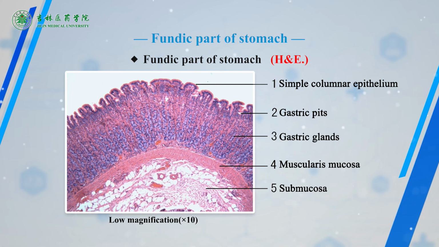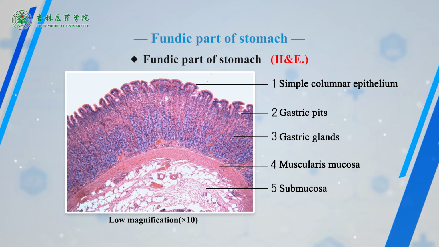Next to the epithelium is the lamina propria, which contains a large number of gastric glands. The connective tissue of the lamina propria is small in quantity and situated between the gastric glands, which open into the gastric pits.